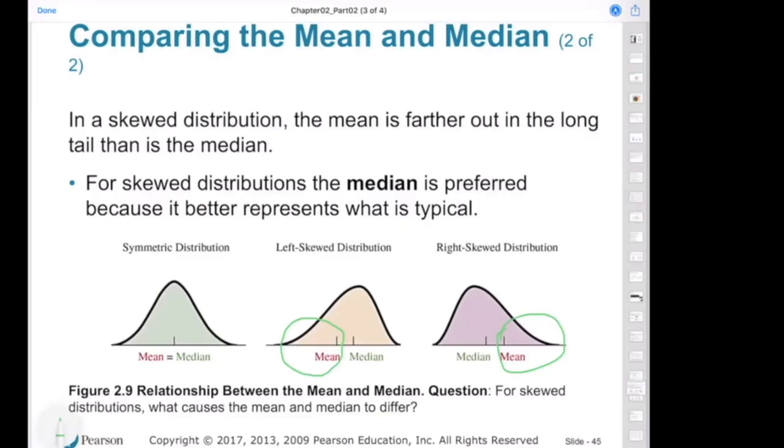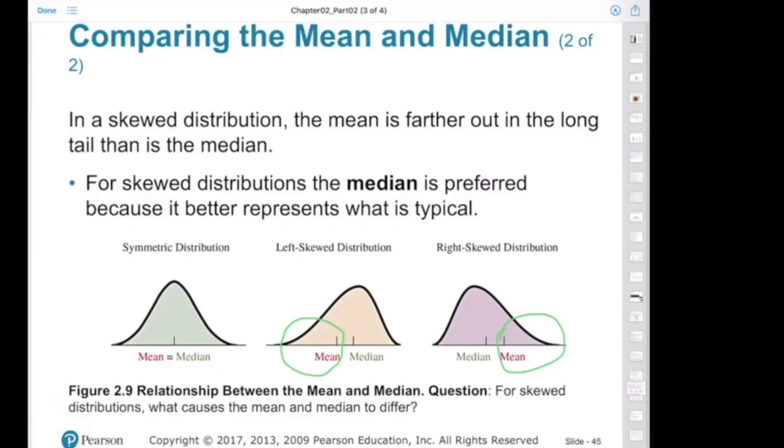But the median is robust. You can always find it approximately in the middle of the distribution. So because of that, as I said to you, if you have outliers in your data, you have to select the median as the center of the data, not the mean.